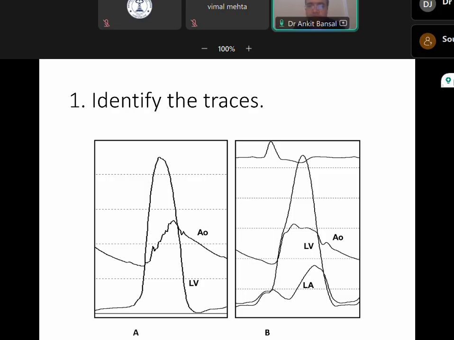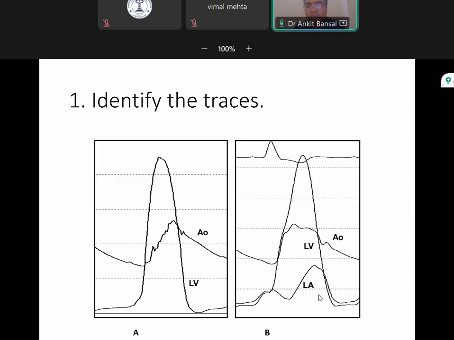Very good. Somebody told it is a large V wave. So there can be associated mitral regurgitation also, leading to the large V wave. How you can identify this: a wave which is peaking after the T wave will be a V wave. So this is the V wave. You can see a large V wave here, which is suggestive of the associated mitral regurgitation.